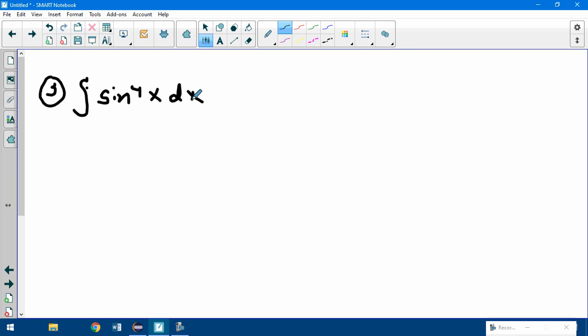Okay, so the new thing I showed you today was that we could replace sine squared and cosine squared with these double angle identities. This is sine to the 4th. How could I rewrite that as sine squared? Right, I could just do the integral of sine squared of x, squared, dx.